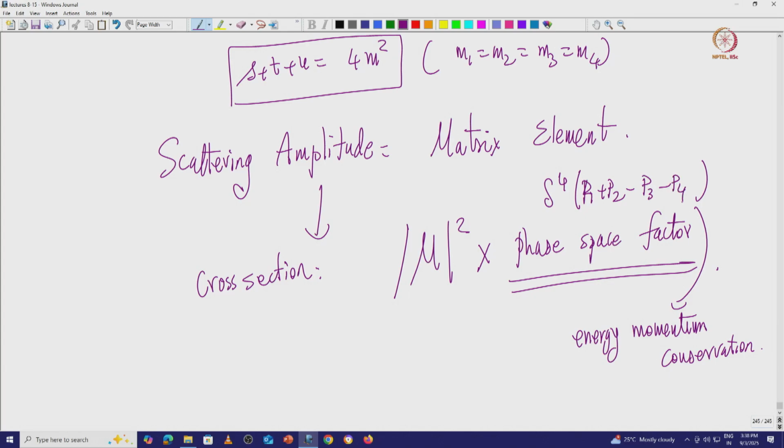The phase space factor is nothing but P1 plus P2 minus P3 minus P4; it just tells you that momentum is always conserved, and the matrix element is what one has to calculate, which gives you the amplitude.